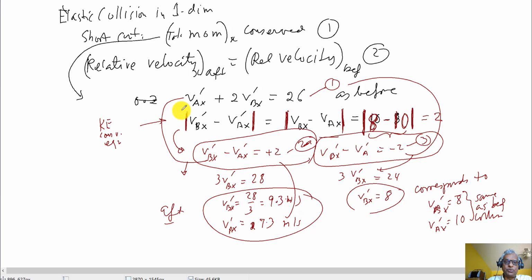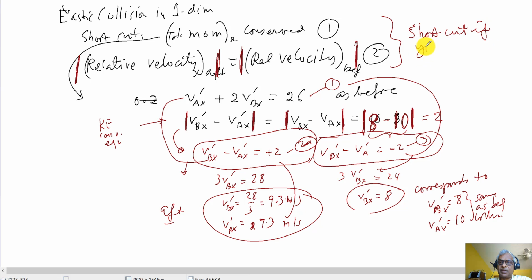In this case, the absolute relative velocity before and after is equal, and you can prove this using kinetic energy conservation, which I'm not going to do, but many people memorize this, and it's really a shortcut if you remember. And if you don't remember, you can always go back and do the kinetic energy conservation, and that should help you a lot.